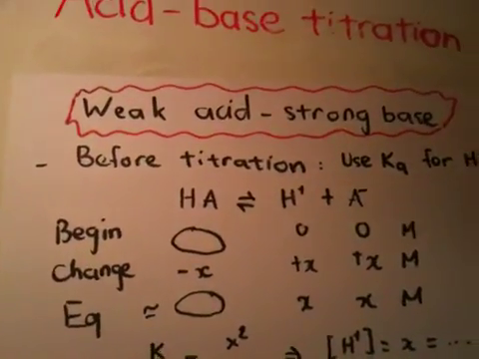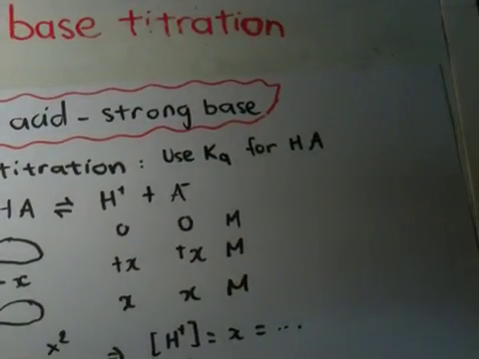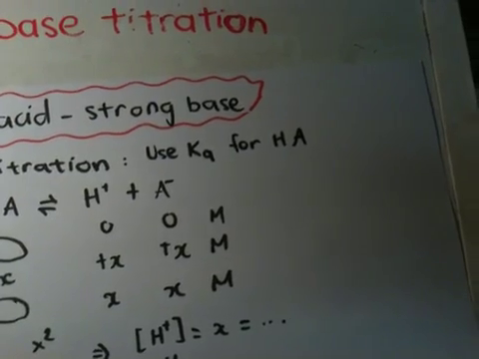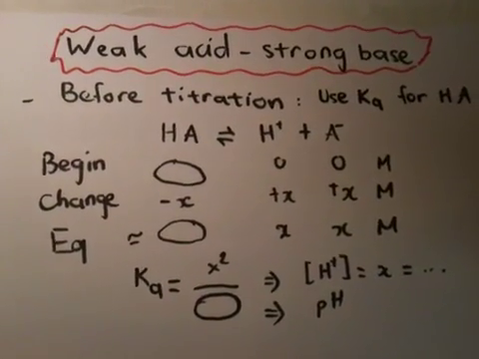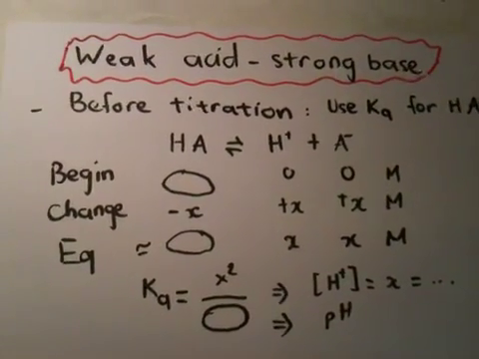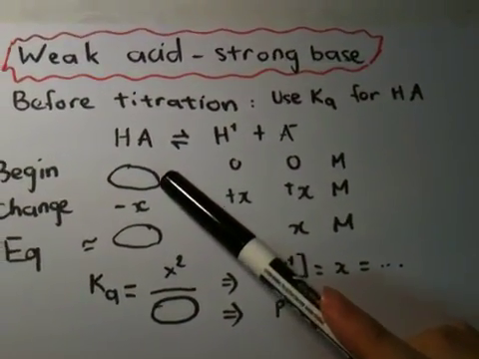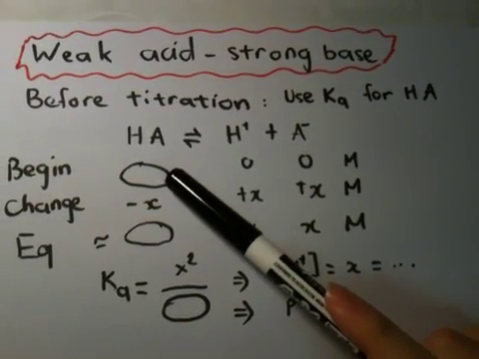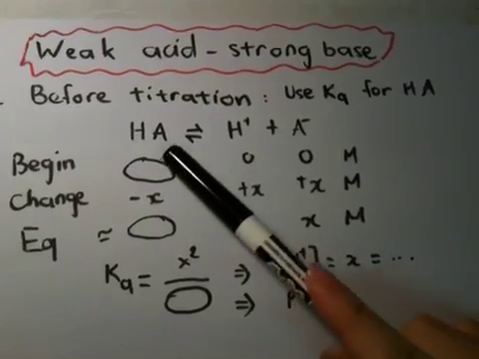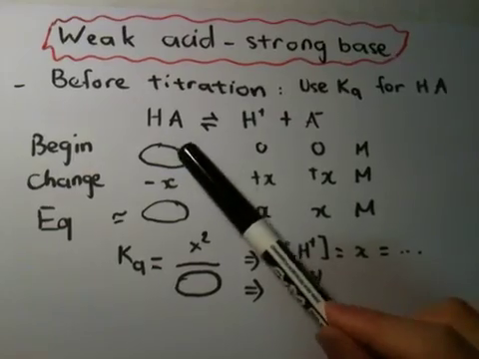And this is sort of my strategy for the weak acid, strong base. Before you start the titration, we use the weak acid dissociation constant, and we set up a table where this is the concentration of the remaining acid, after we do some stoichiometry work with the base.